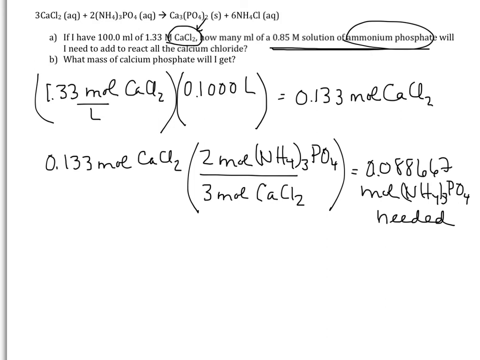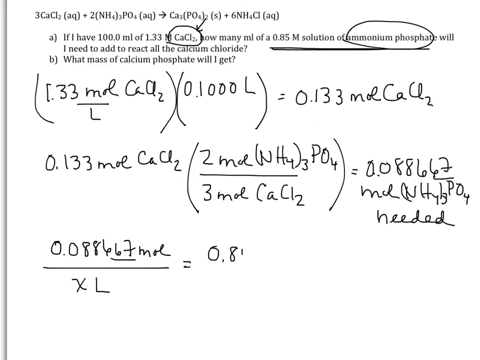There's several different ways to do this, but I'm going to say I want 0.088667, oh, and I didn't keep track of my sig figs here, moles, and I want to know how many liters do I need if I have a solution that is 0.85 moles in every 1 liter. So this is the solution I have, 0.85 moles per liter. If I want this many moles, I want to know how many liters would I need of that solution.